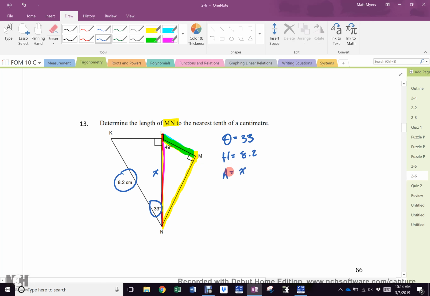What's going to find me the adjacent? Cosine. Cos of what? 33 equals what? X over 8.2. So what finds me x? And that will give me an answer, won't it?